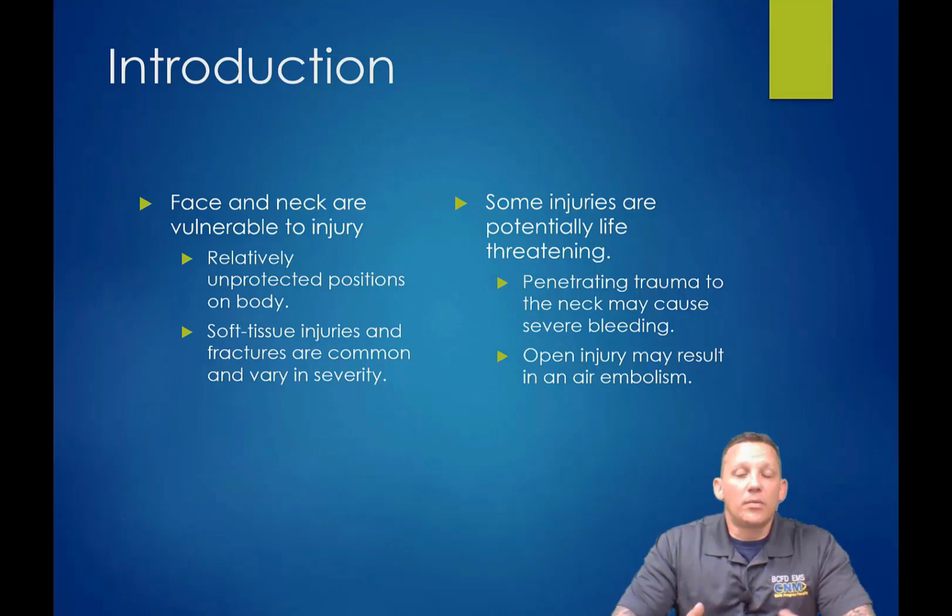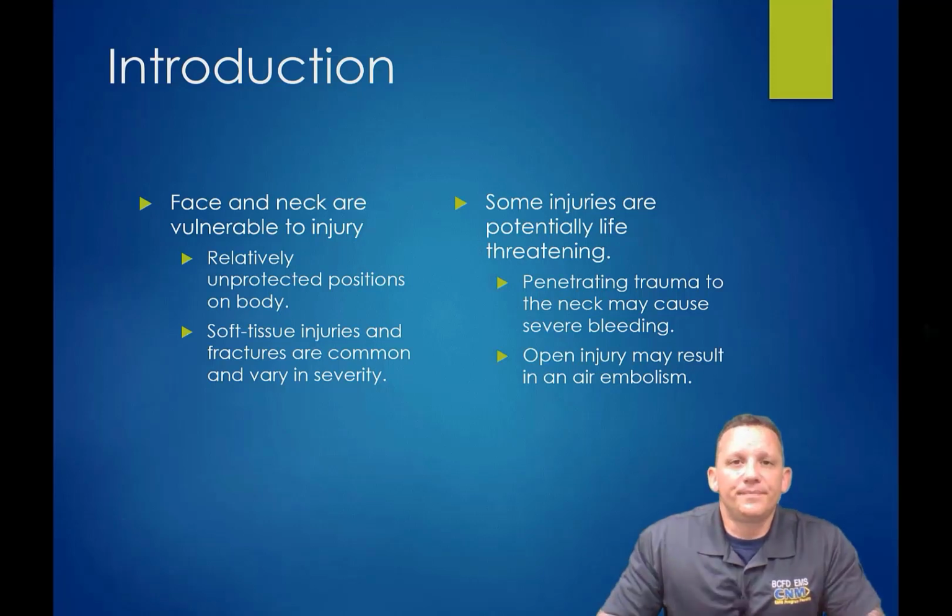Face and head are the primary means of getting air into the body through the mouth and the nasal passages, and so this can compromise just the simple ABCs of your patient assessment with somebody with significant injuries.